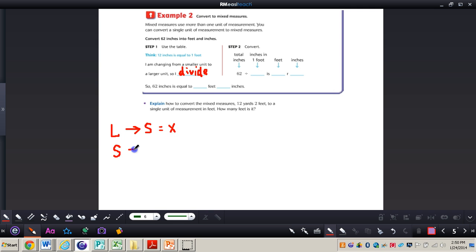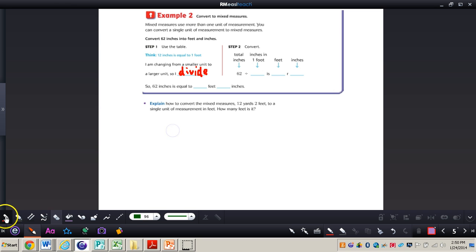S to L equals division. That means larger to smaller you multiply, smaller to larger you're going to divide. I do want you to write that right in your math journal.